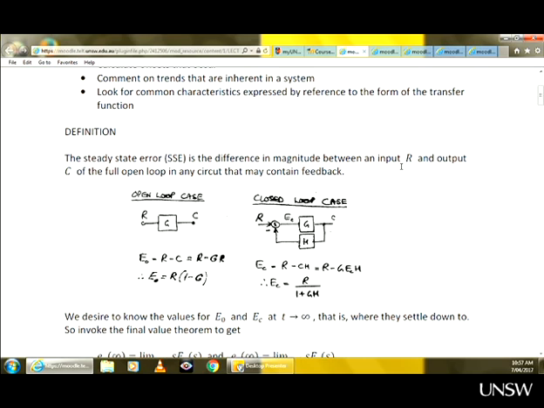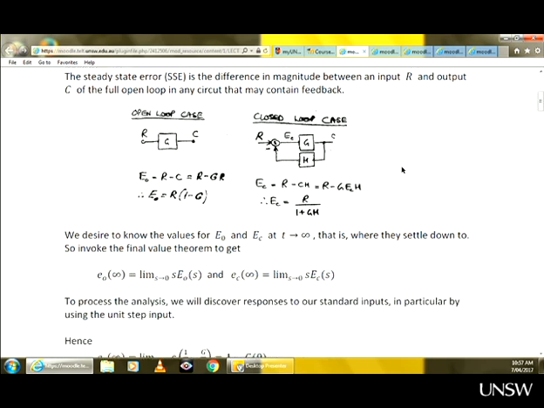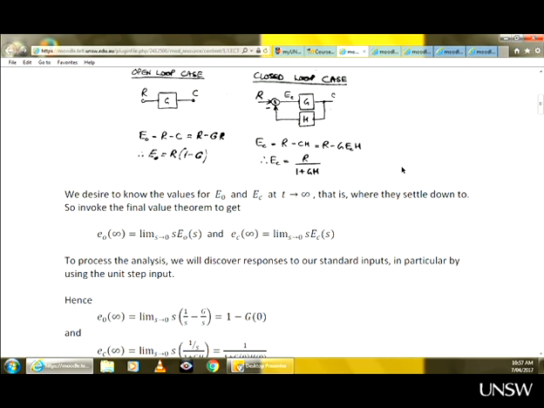So e(infinity) is not 0. Open loop, closed loop. The input R is 1 over S, a unit step input.